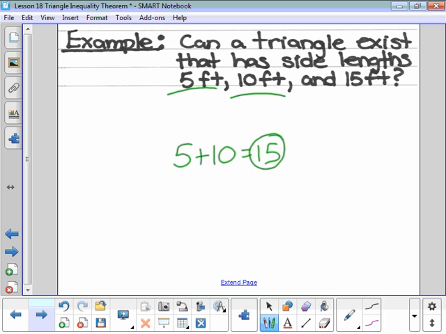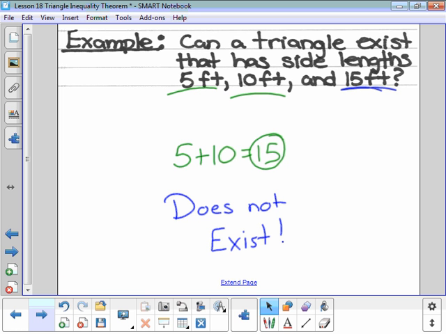So the side I didn't choose is 15 feet. The sum of my two smaller sides is the same, 15 feet. They're equal, not bigger, so I wouldn't be able to build a triangle with these 3 sides. So this triangle does not exist. Had that number been bigger than 15, then I would have been okay.